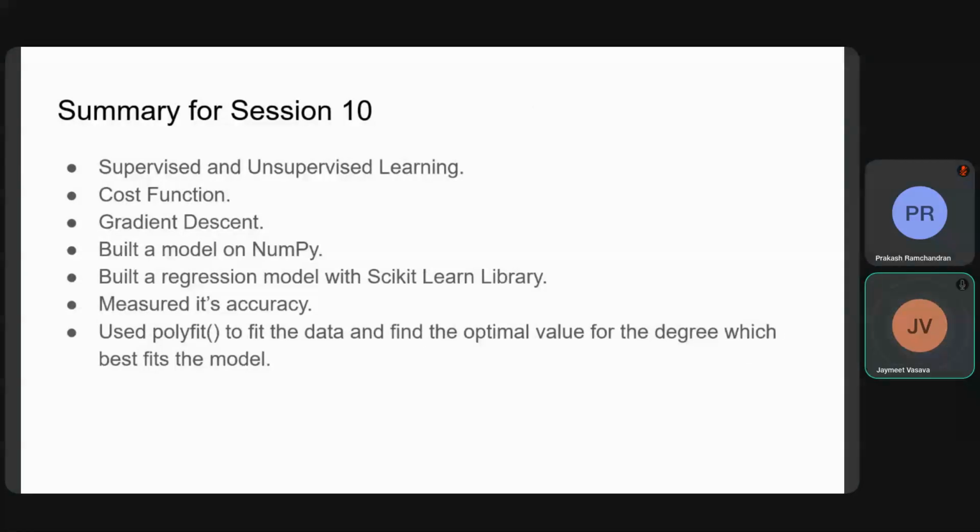So this is it for this session 10 on advanced machine learning module 6.1.